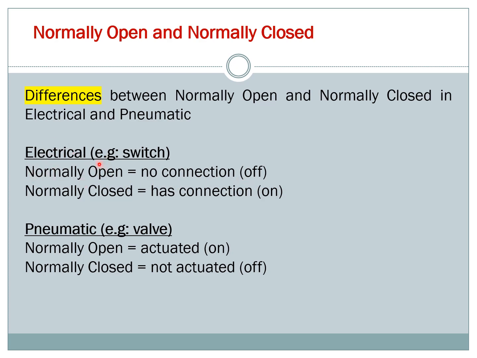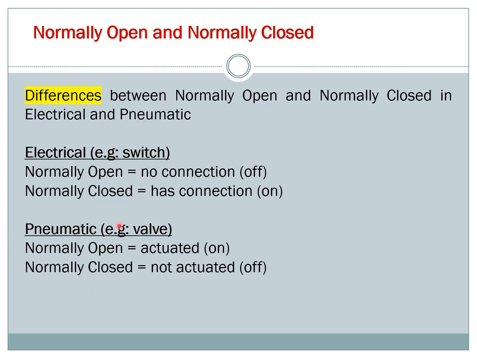When a switch is normally open, normally you don't have a connection, but only when you press, it will change and start to have a connection. In electrical, when you see normally closed, it means it has a connection, so normally connected. So it's on. That is in terms of electrical.